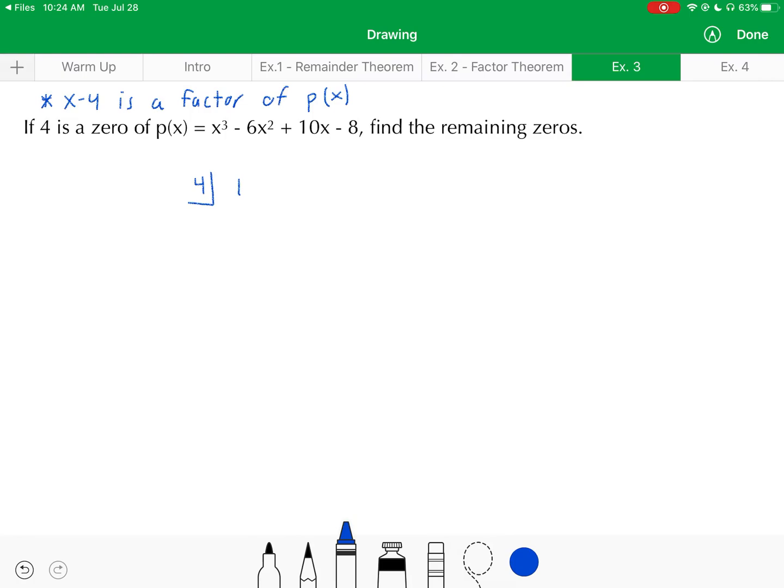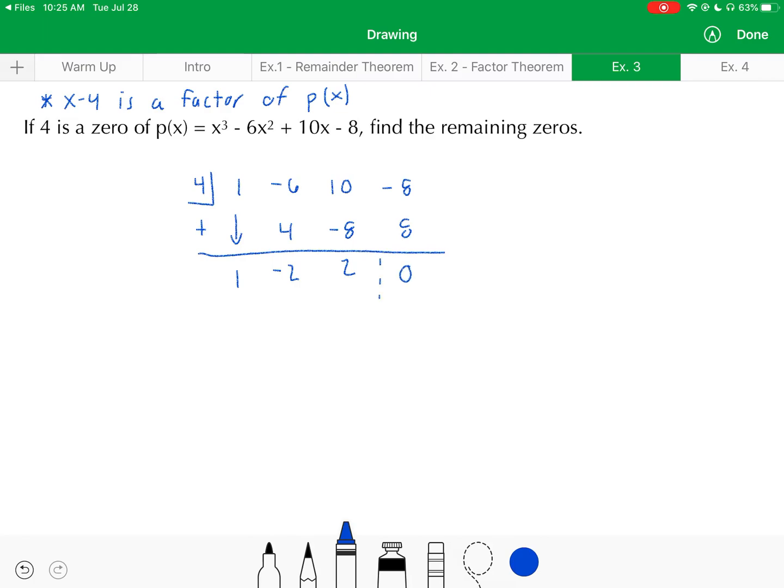Coefficients of the function p of x are 1, -6, 10, and -8. Bring that 1 down. 1 times 4 is 4. -6 plus 4 is -2. -2 times 4 is -8. 10 plus -8 is 2. 2 times 4 is 8.